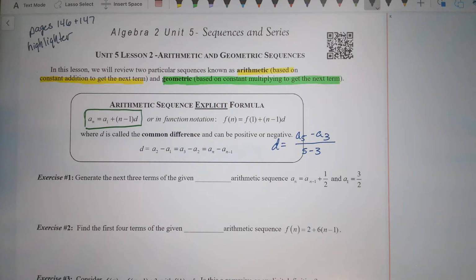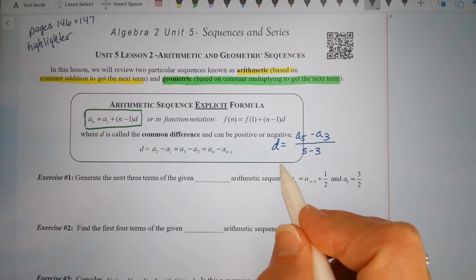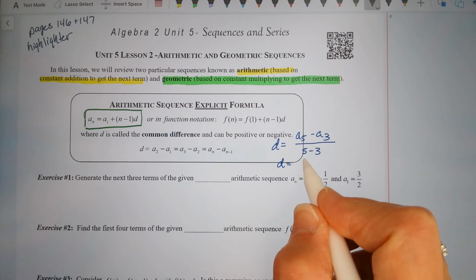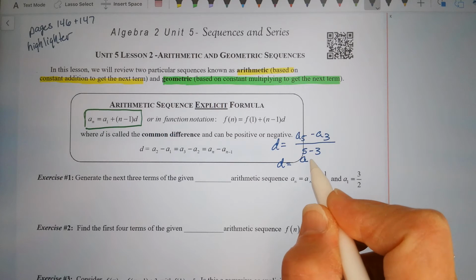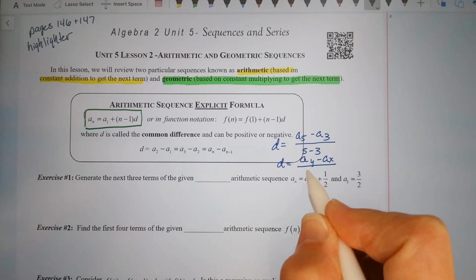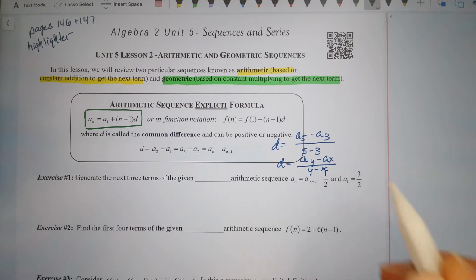So it's kind of like the slope. So in general, d would equal a sub y minus a sub x over y minus x.